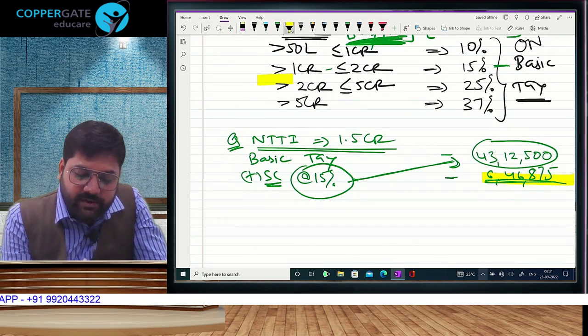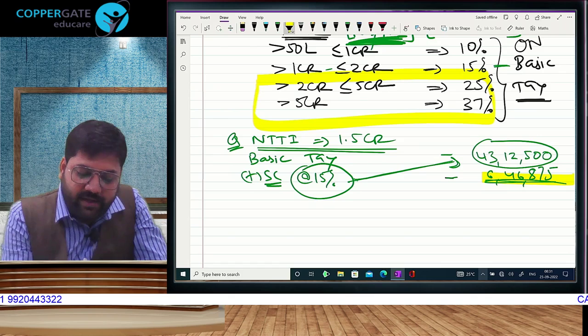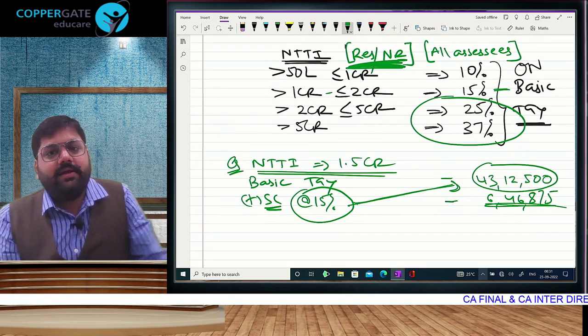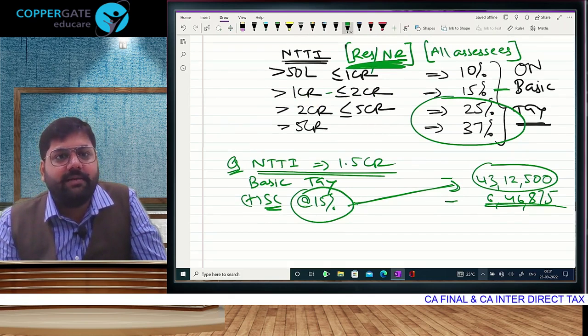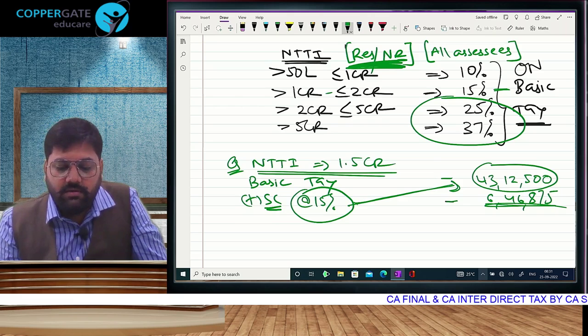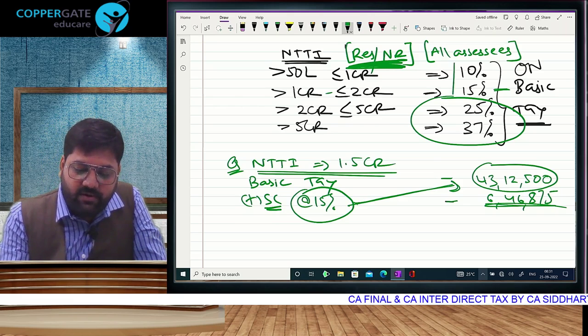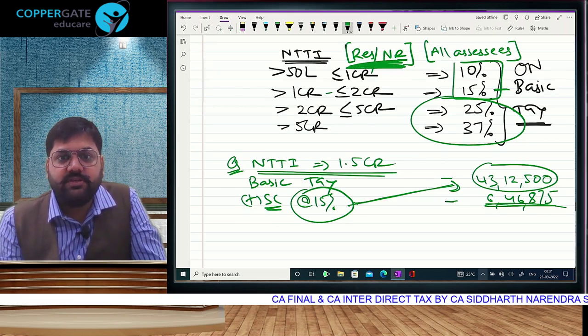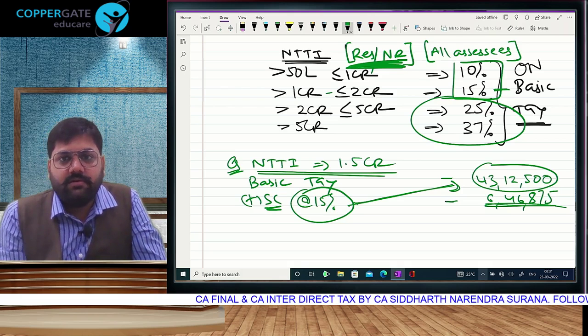When this was introduced, 25 and 37, this part by auntie in 2020 ka budget. Matlab listen, before 2020 we had only these two rates of surcharge. Which two? 10% and 15%.